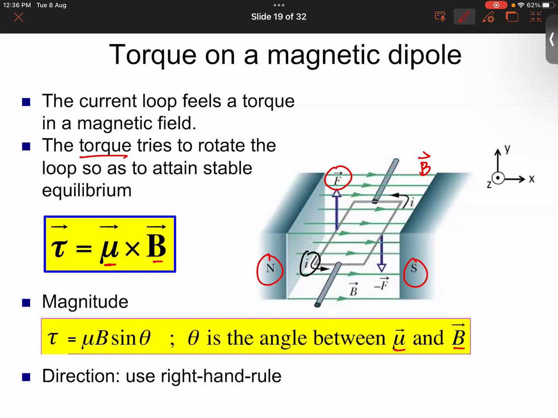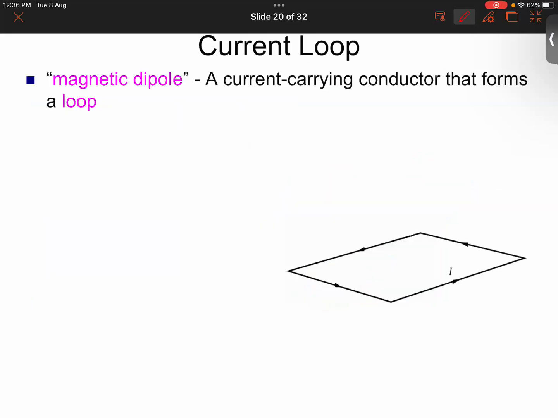Now, what is this mu? This mu is a property of a current carrying wire. If we look at this wire loop, a wire that forms a closed loop, this wire loop that carries a current is called a magnetic dipole, because if you have a current in a wire, this current will generate a magnetic field. And we will talk more about that in our next lecture tomorrow.